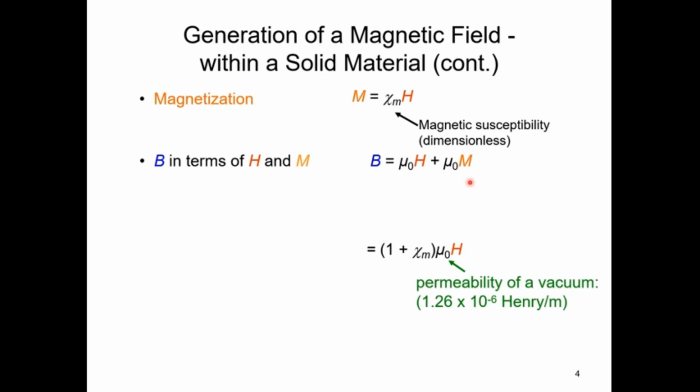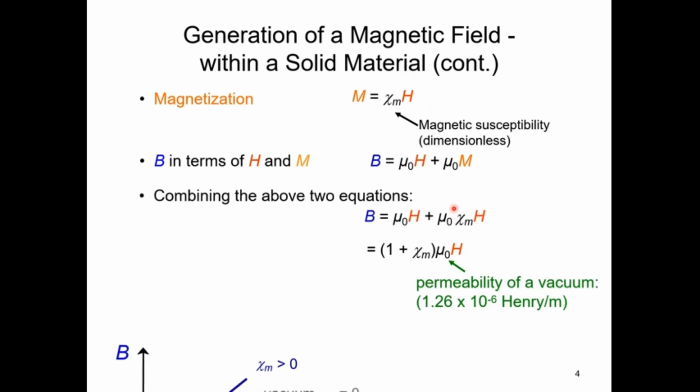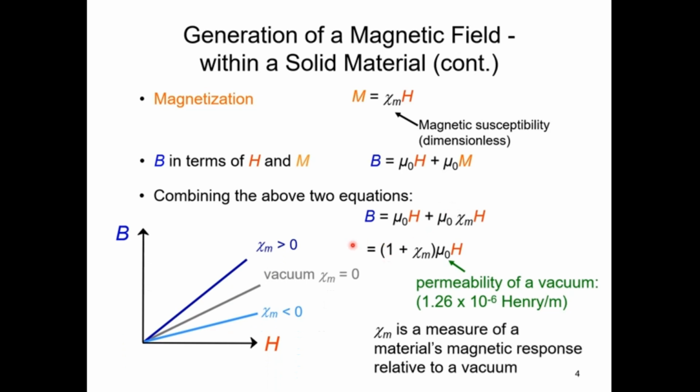And since we have the magnetization formula, we can substitute the M value here with this formula, giving us this equation. So B equals the H term, which is from the magnetic field strength, and the contribution from the magnetization.